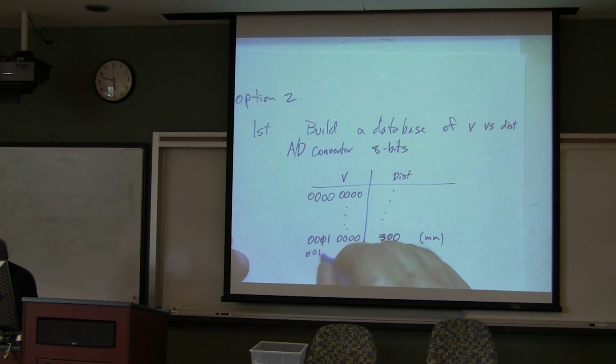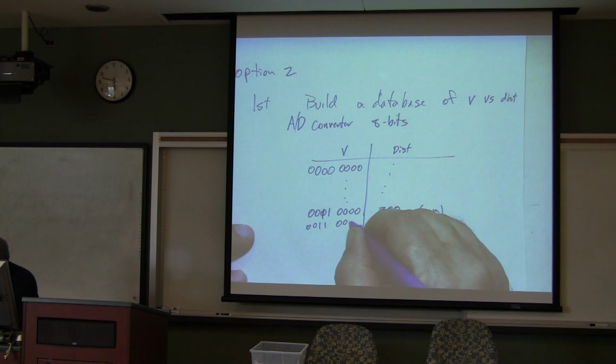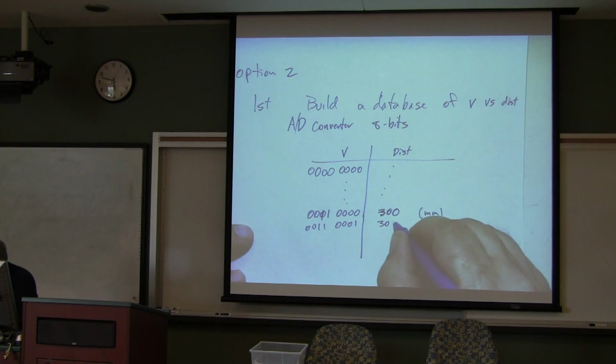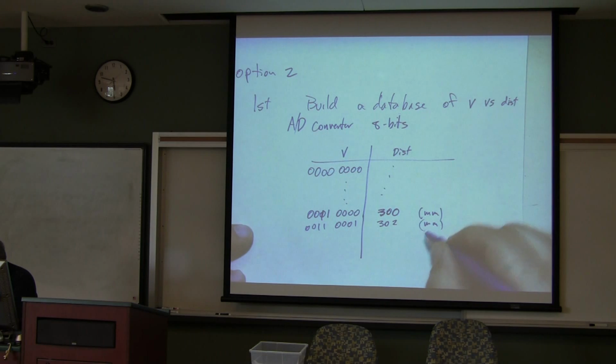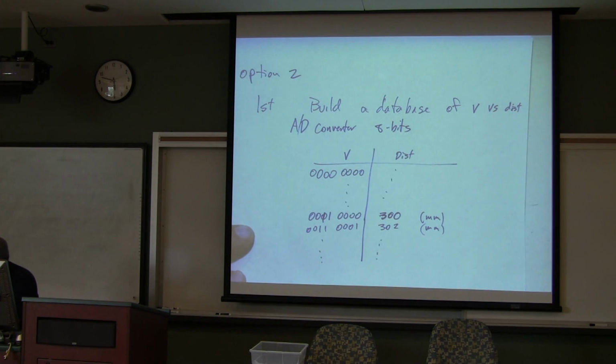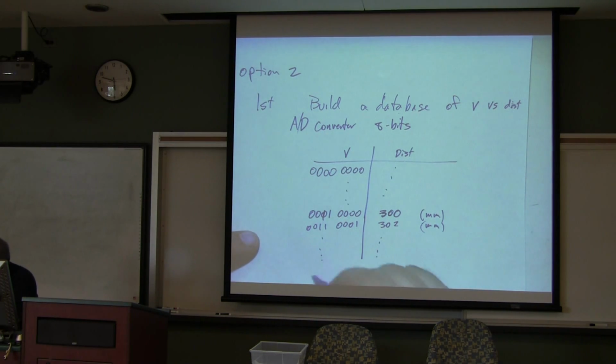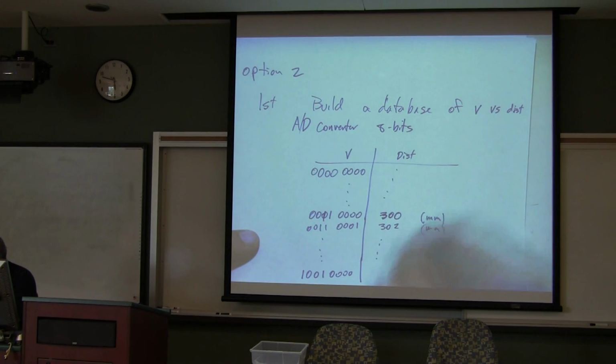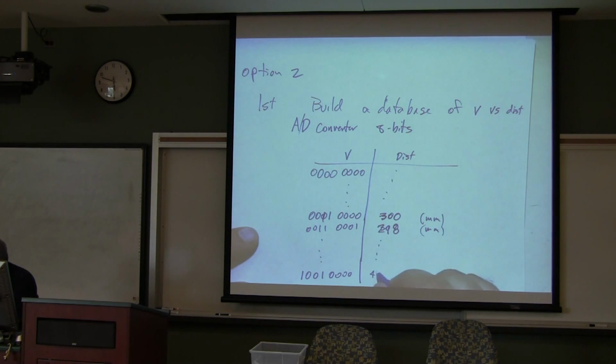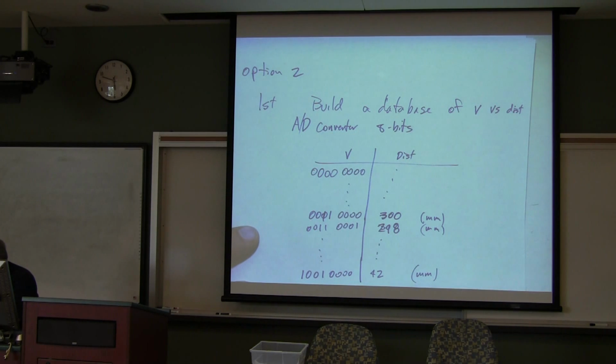And then maybe 00010001 is going to be 302 millimeters. And you'll keep on going, and when you get a little bit over 2.5, maybe 10010000 is going to be close to, oops, I went the wrong way, 298 millimeters. And then this is going to be close to 42 millimeters, and then 10010001 could be 40 millimeters.